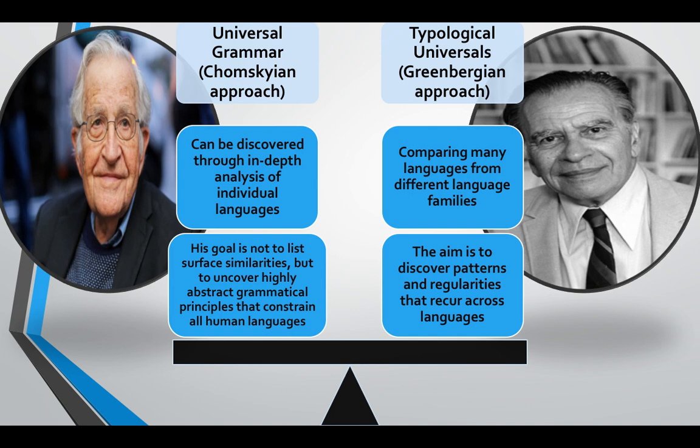It doesn't consist of specific rules of English, Arabic, or French. Instead, it focuses on the general principles that apply to all languages. So, in simple terms, UG makes language learning possible.